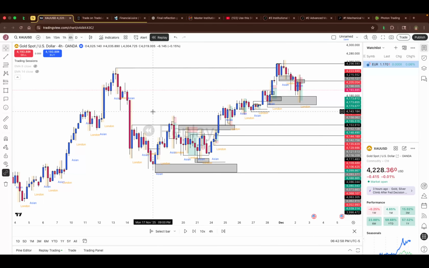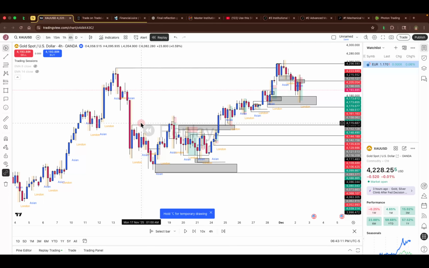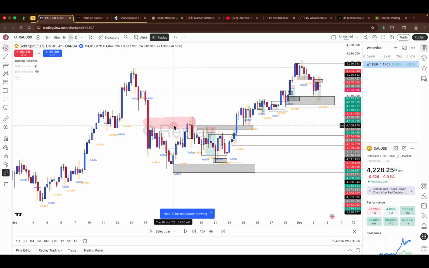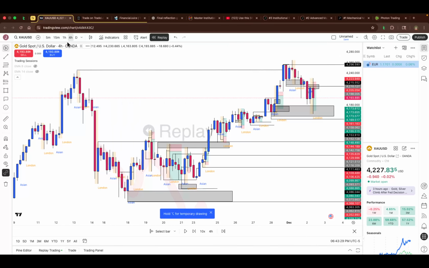We're just waiting to see if price is gonna sweep and take over this high, this high right here, or if we're gonna see price get to like this area, then continue down, boom, boom, boom, you know. So yeah, so we scale down.